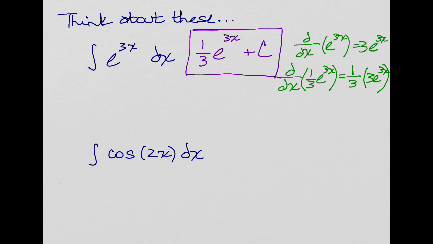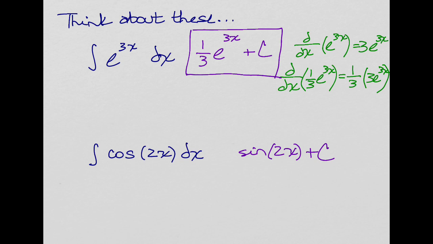So really similar idea for cosine of 2x. I know the antiderivative for cosine x is sine x, so this is going to be some version of sine of 2x. And I'm going to have my constant of integration. If I take the derivative of sine of 2x, I am going to get cosine of 2x, but I'm also going to get a 2 out here from the chain rule.